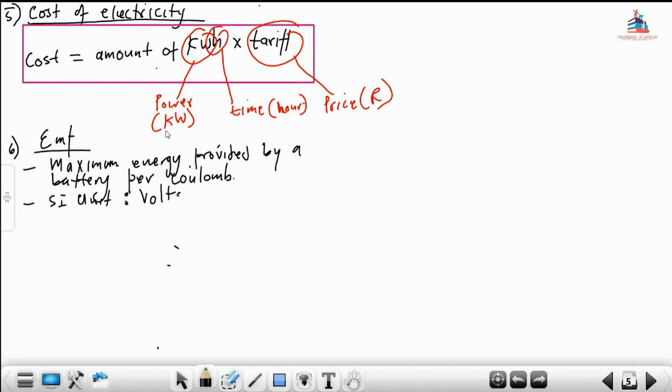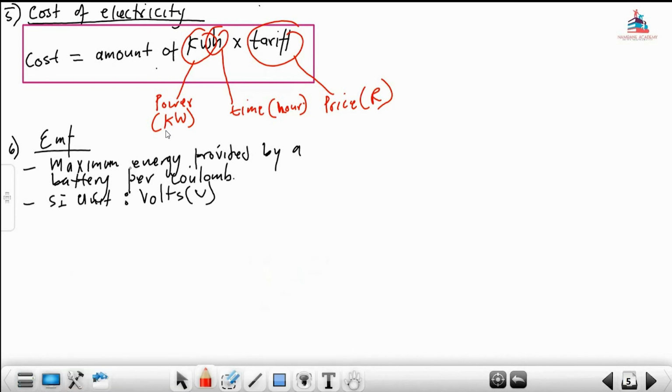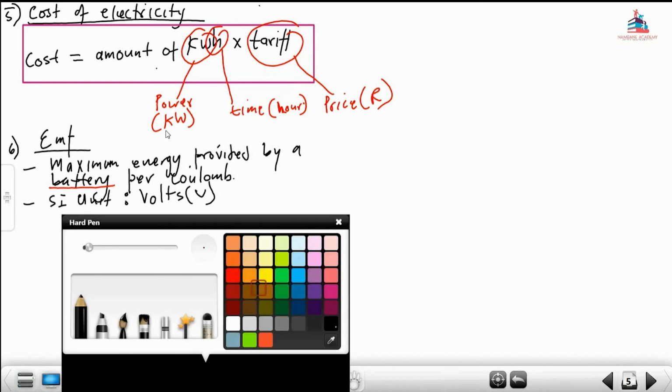It should be volts, and just now capital letter V. So with this, it brings now a new dimension of what is it that we can easily say. It brings an element of the battery now, which is the maximum energy provided by the battery. So within the battery, this is what is happening.